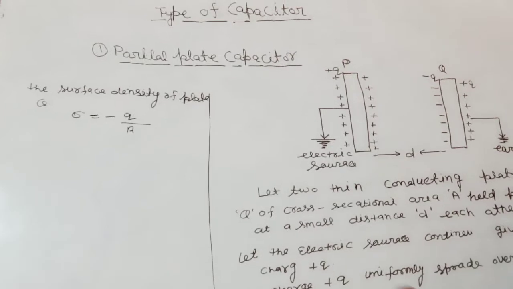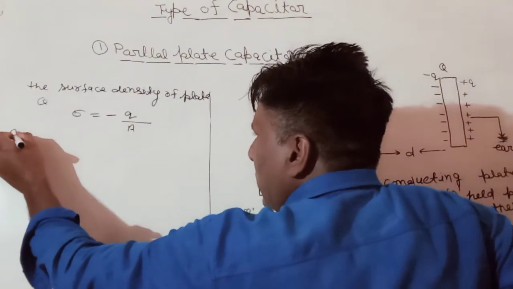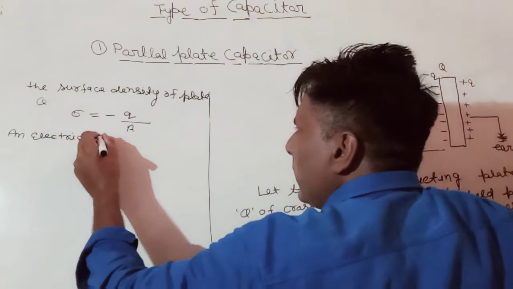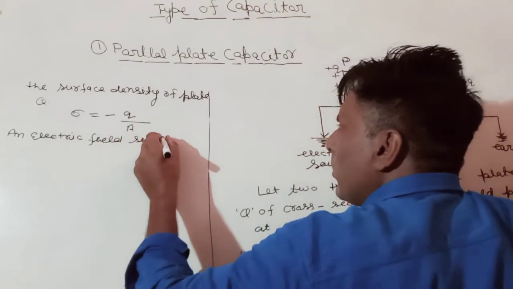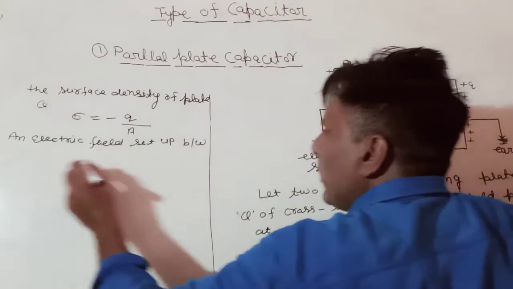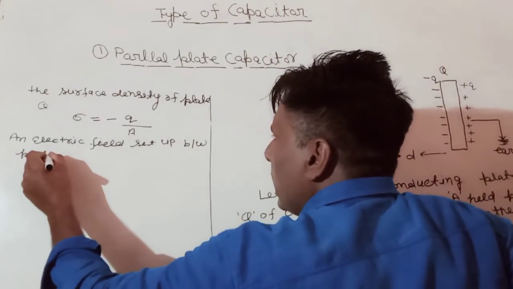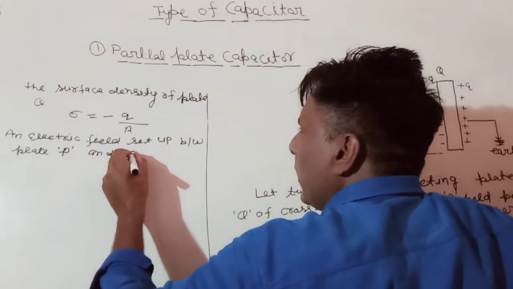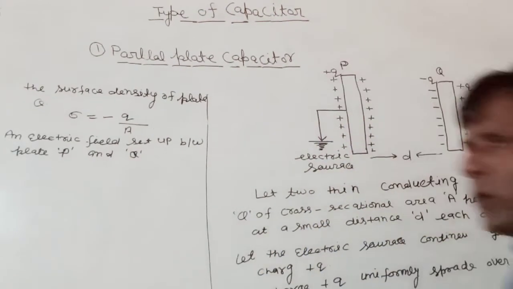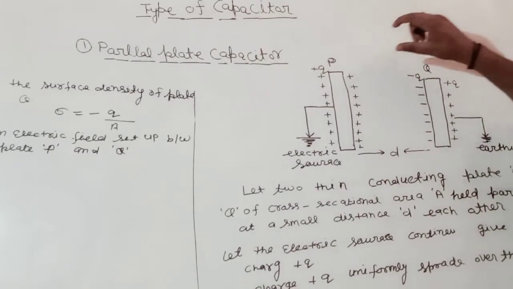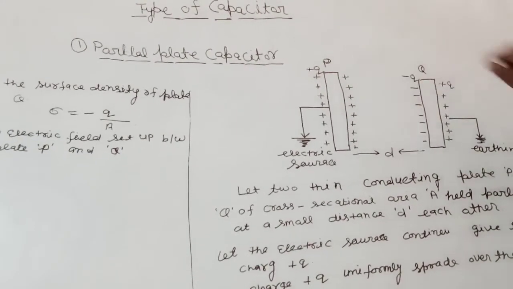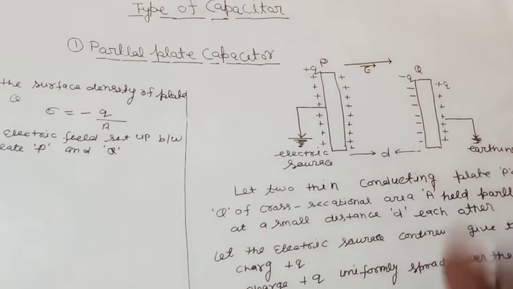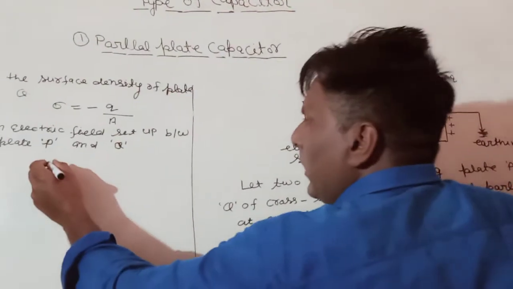We know an electric field is set up between plates P and Q, in the direction from plus to minus charge.